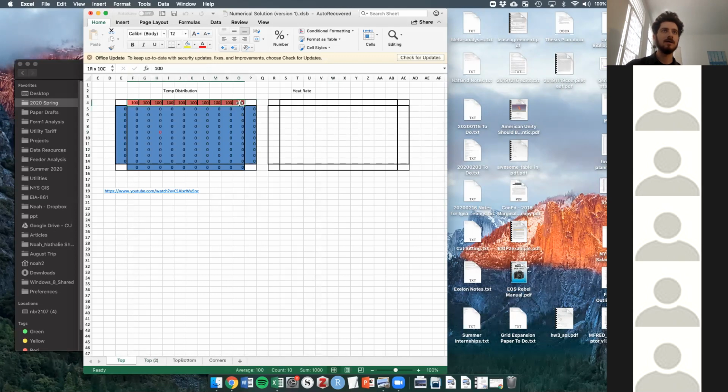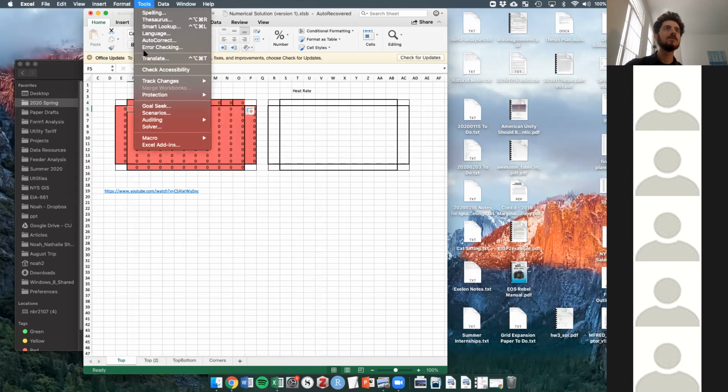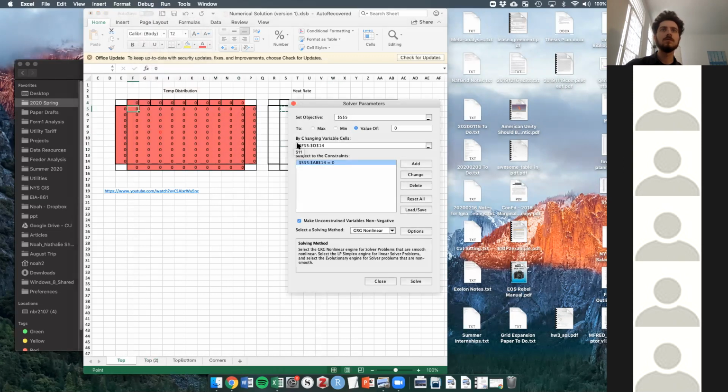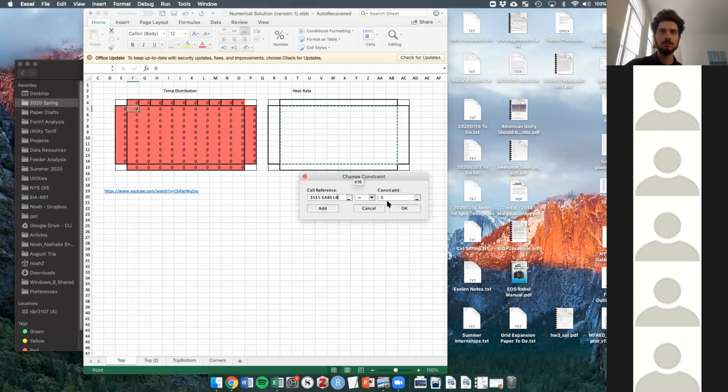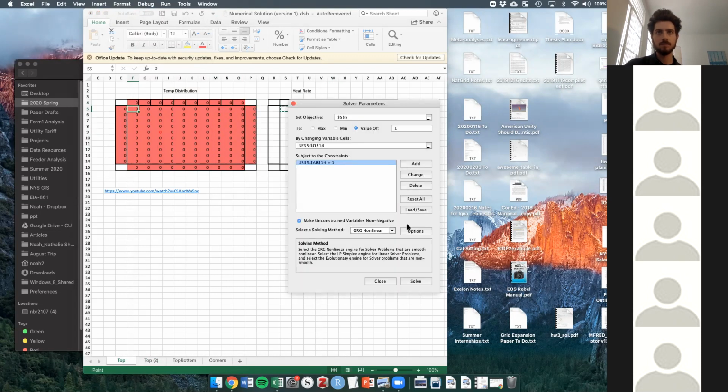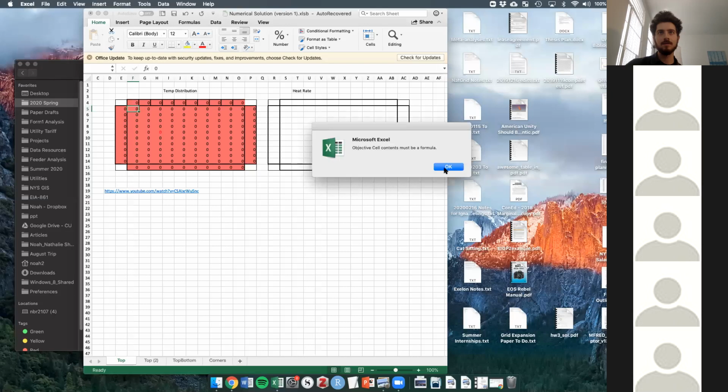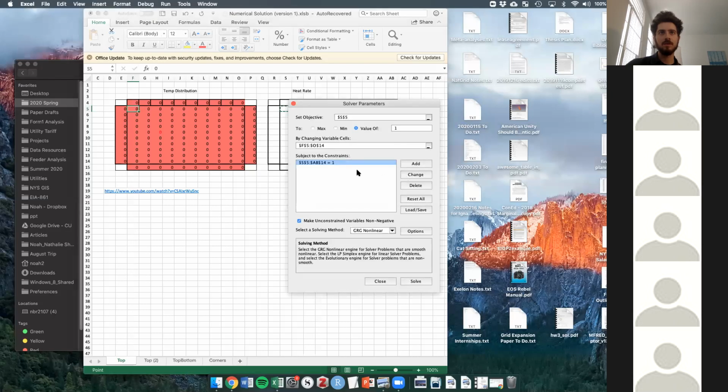I'm going to set all these to 0. And then, oh, I'm just going to make it 1 everywhere. So it's 0 on the outside, and everywhere it's 1, and there must be a formula.